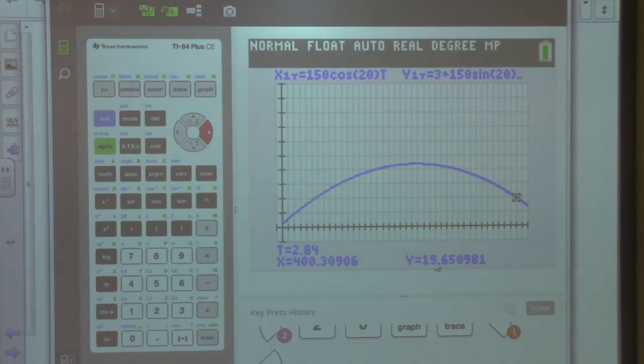And where does the ball hit the fence? It does, right? Barely. So it's just about over the fence, but not quite. But is that outfielder going to catch that ball at 19 and a half feet off the ground? No. Okay. So the ball's over 19 feet.